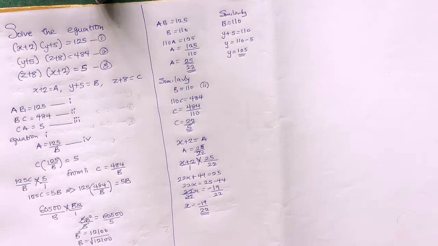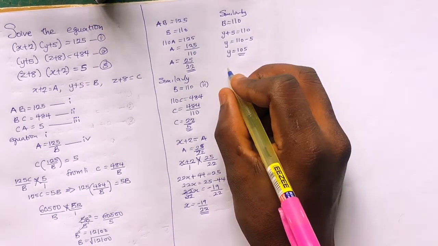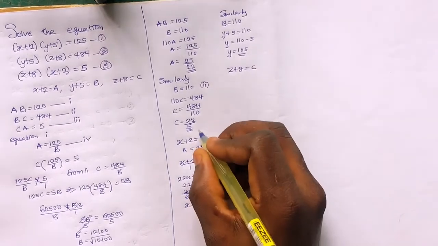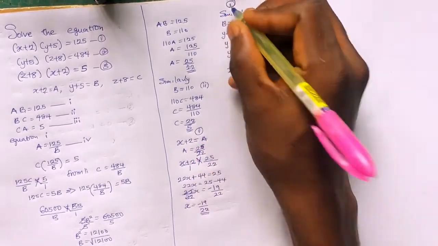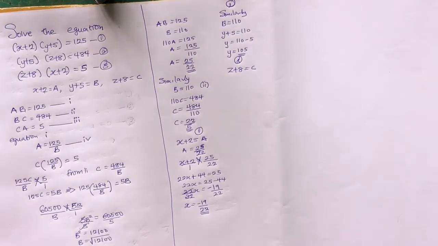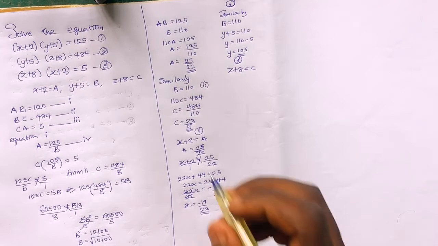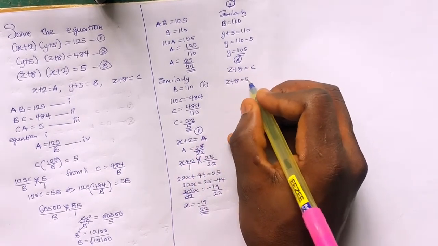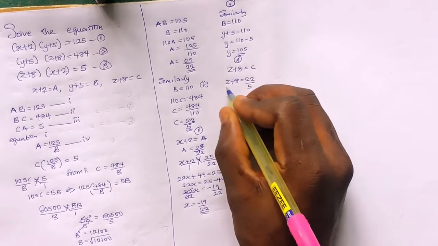So now the last one, I'm having z plus 8 equals c. Let me call this one 1, this one 2, and this one 3. z plus 8 equals c. Then what is my c? My c is 22 over 5. I'm having z plus 8 equals 22 over 5. Right?